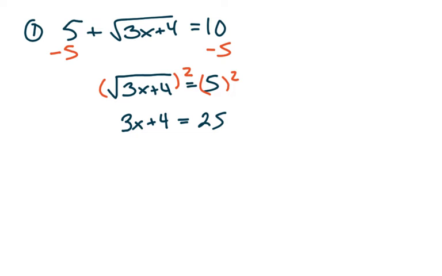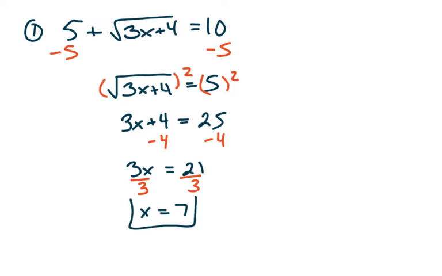And now this is just a normal 2-step equation, which you've probably been seeing forever. So to get rid of the plus 4, we're going to subtract 4 from each side. So 3x equals 21. And then divide each side by 3 so that x equals 7.